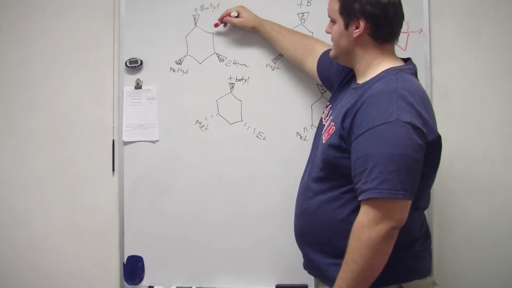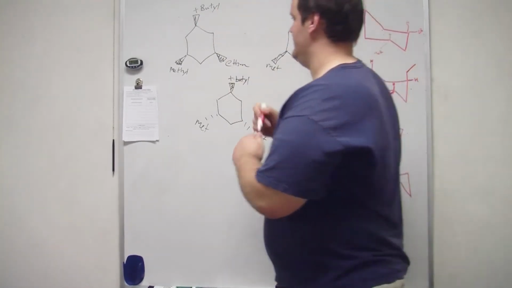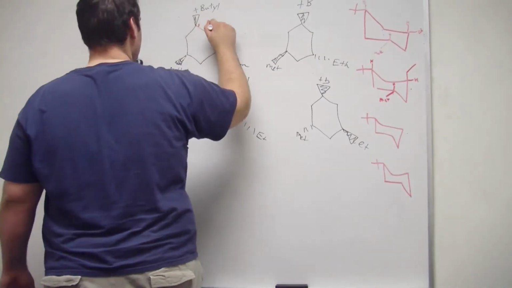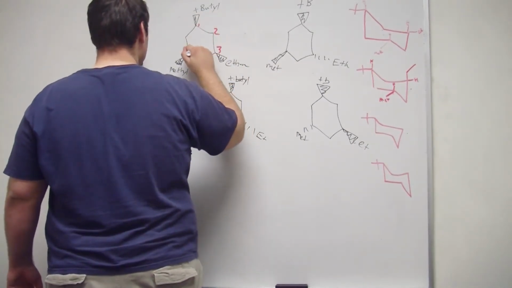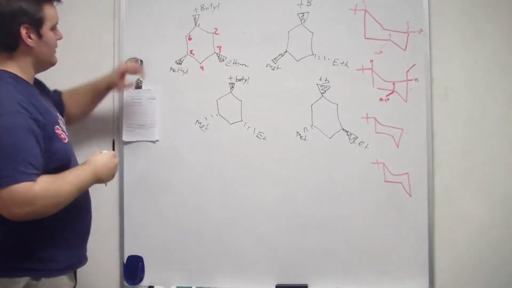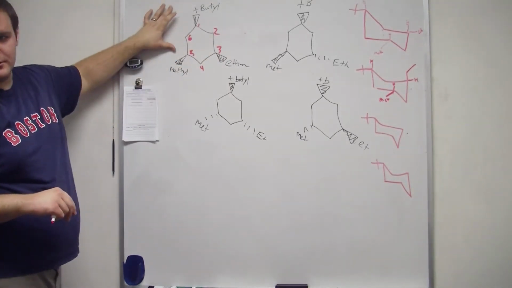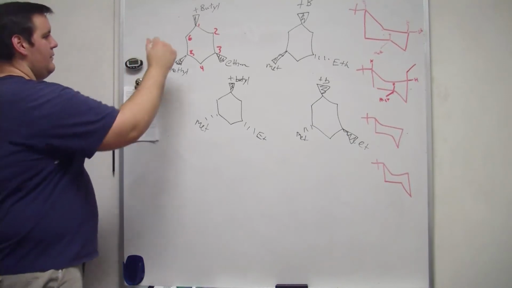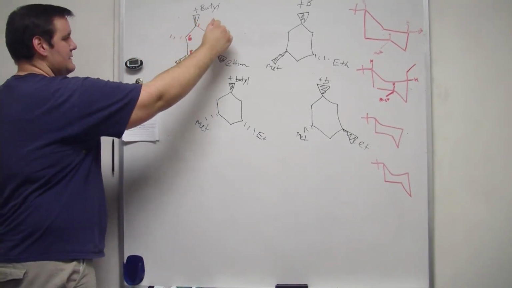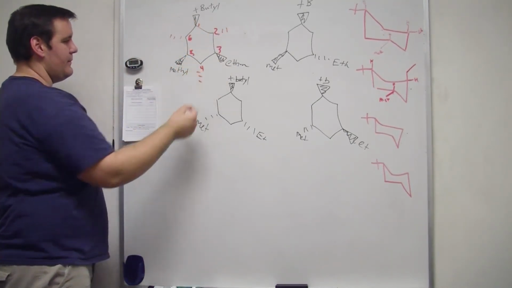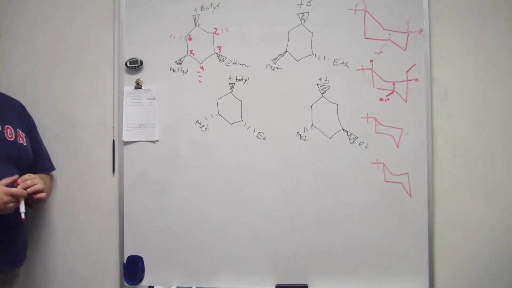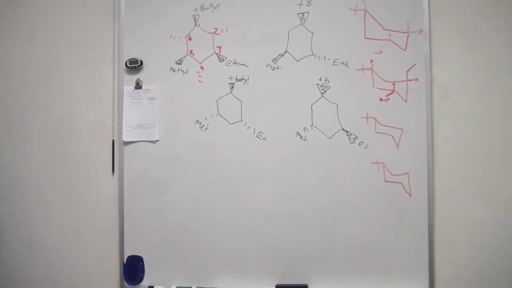If it's trans, like if I make these odd numbers, you just do it this way. We say, okay, this is going to be equatorial. Then everything that's cis to it on odd numbers is equatorial.